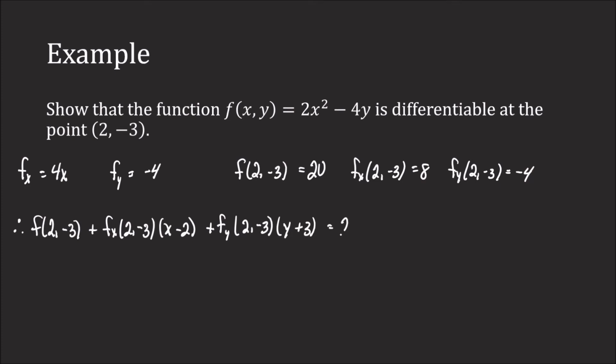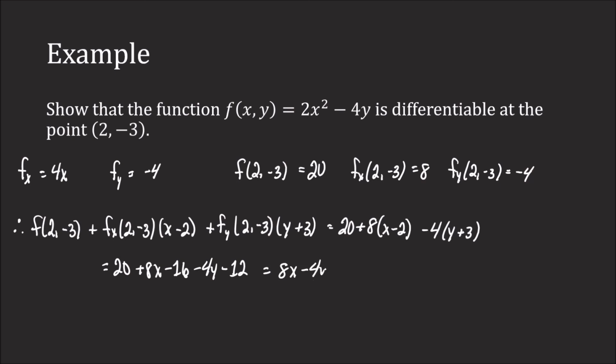This is going to equal 20 plus 8 times (x minus 2) minus 4 times (y plus 3). So we get 20 plus 8x minus 16 minus 4y minus 12. This is 8x minus 4y minus 8.